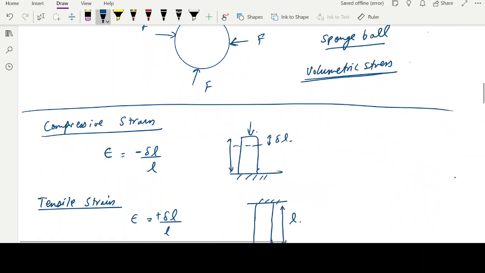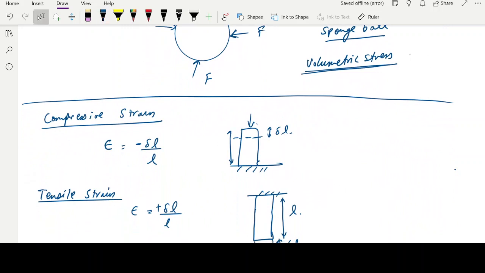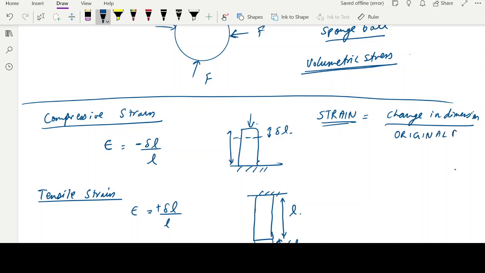Young's modulus. Now let's talk about strain. What is strain? Strain is defined as change in dimension divided by the original dimension. So corresponding to the types of stresses that we have, we also have strains.